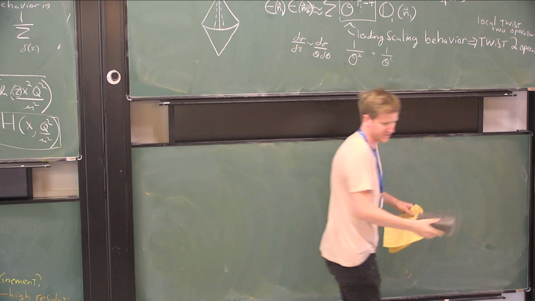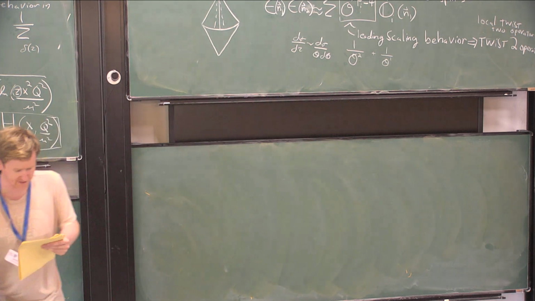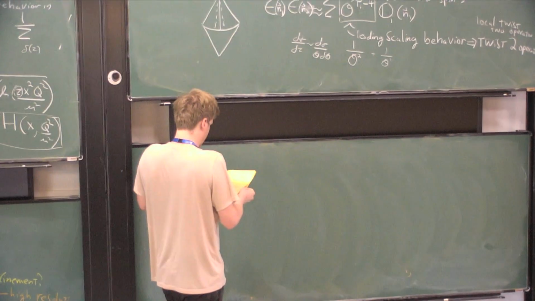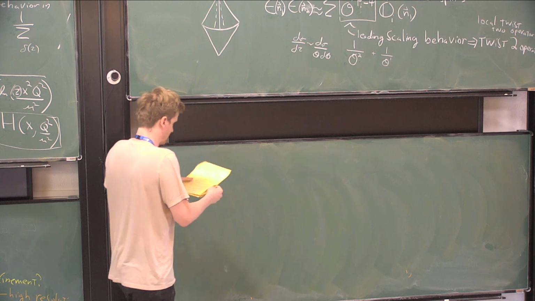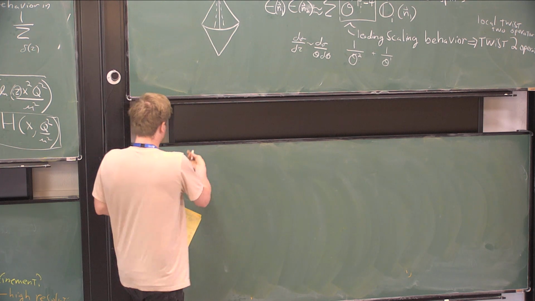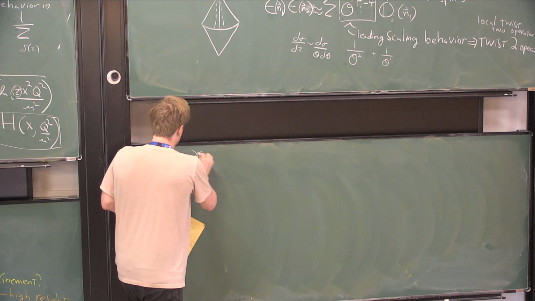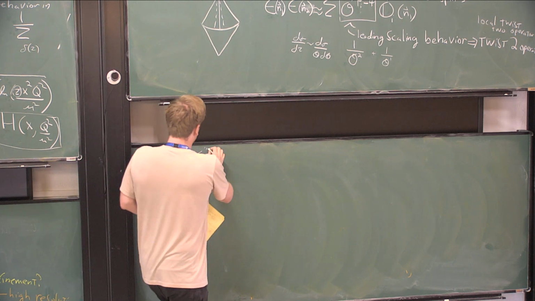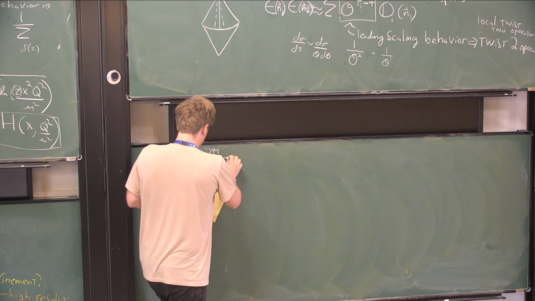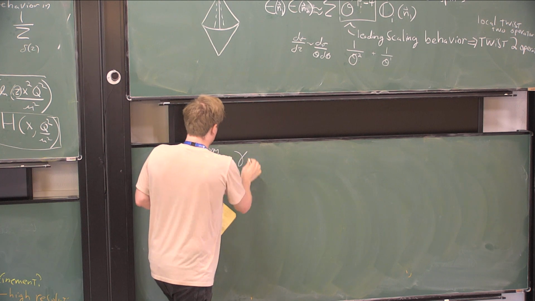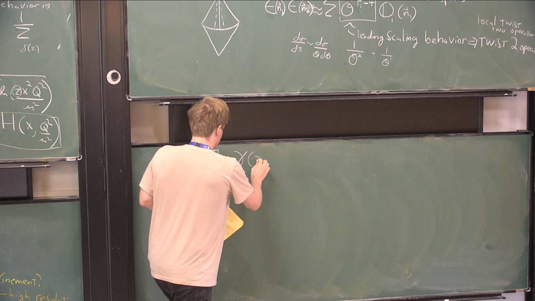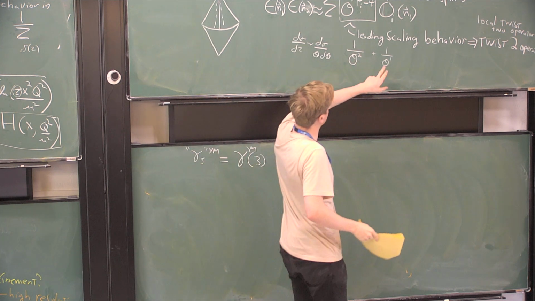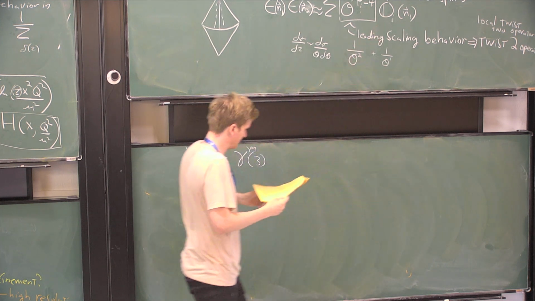So the full result is just some exponential of the integrated coupling, which isn't that nice. But if you assume some kind of effective scaling for your jet function, some kind of effective anomalous dimension, what you find is that, for example, just in Yang-Mills, this is exactly the gamma 3, just like it is in the CFT up there.